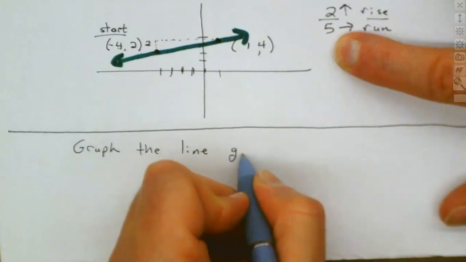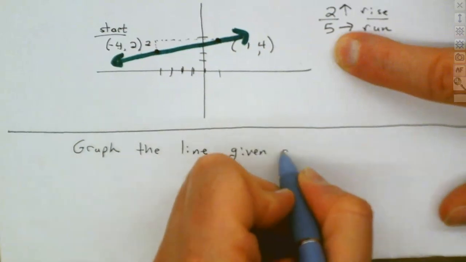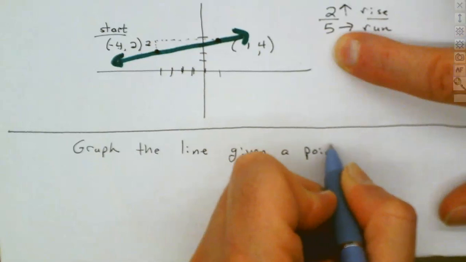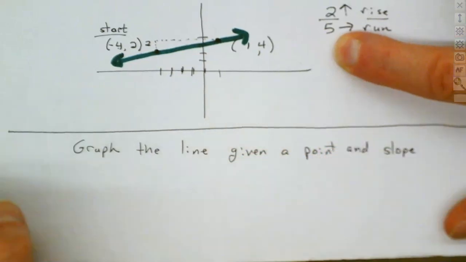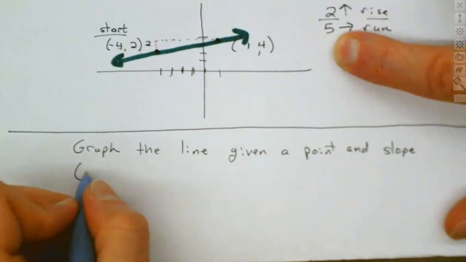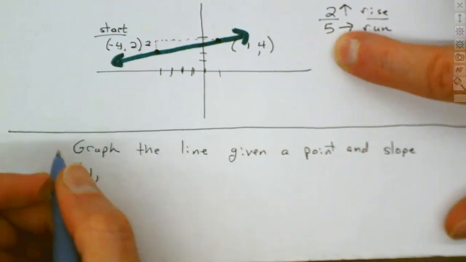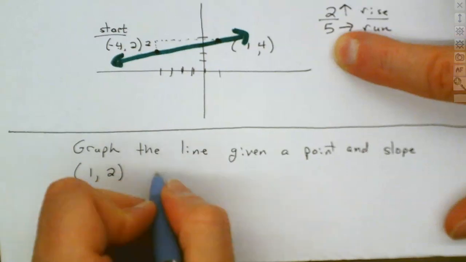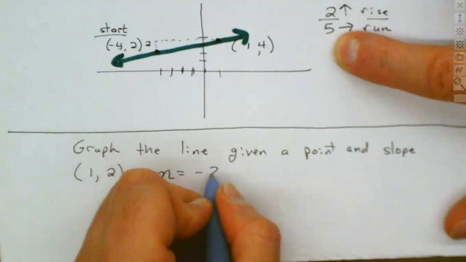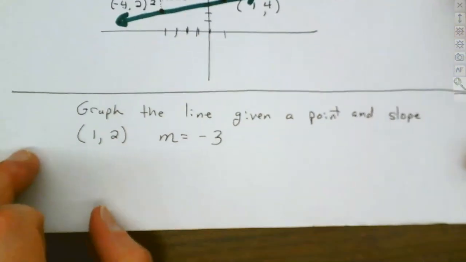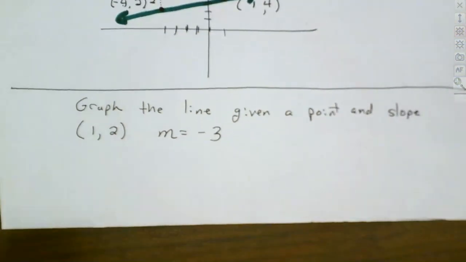So we're going to graph the line. You're given a point and a slope. So how about we use 1, 2, and I'm going to give you a slope of -3. So don't try to make these harder than they need to be. All I want to do is graph this line.